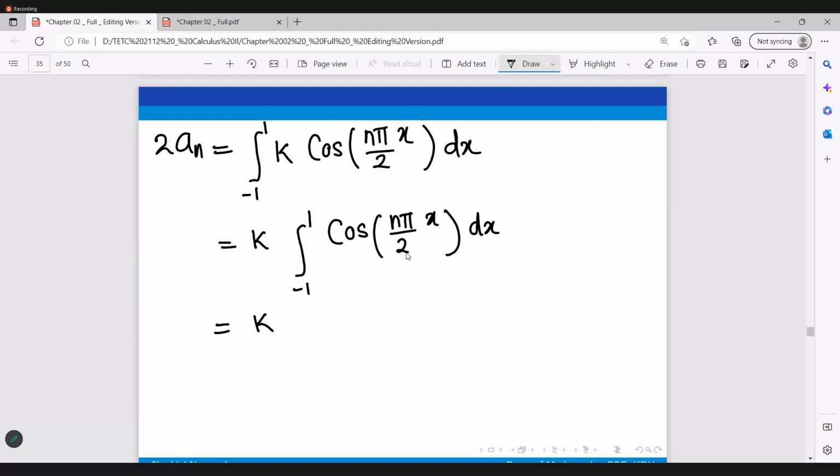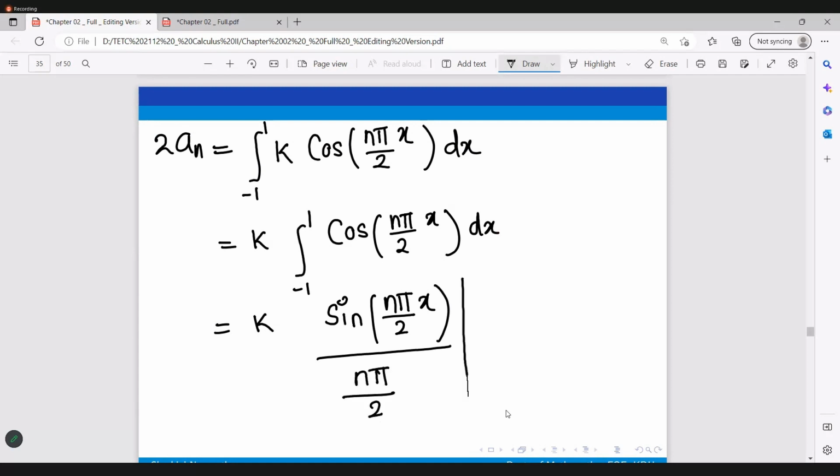But here we have cos n pi x over 2. So then what should be the integration? Sin n pi x over 2. We have to divide this entire thing by n pi over 2. And we need to substitute the limits minus 1 to 1 here.